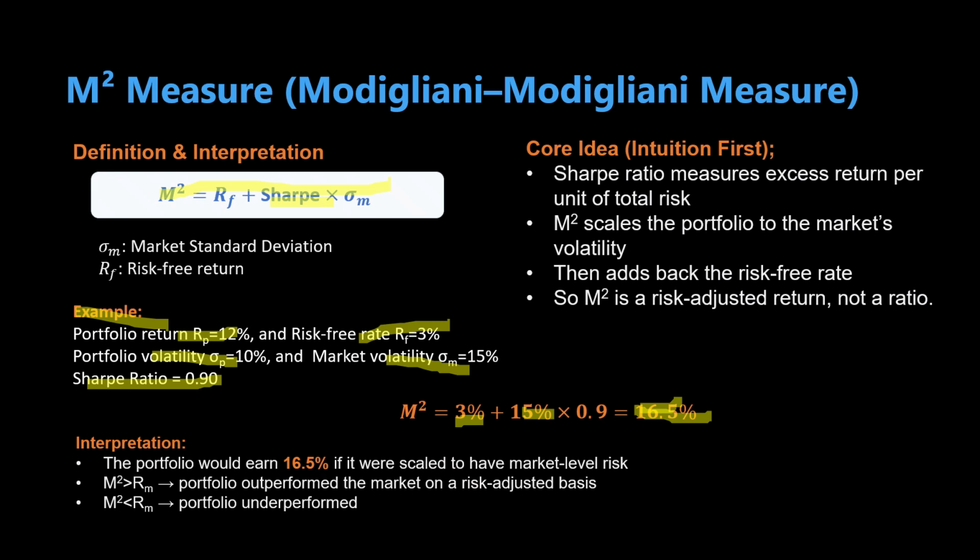Sometimes in the exam you are not asked to calculate M squared. Instead, you are asked to interpret the result of a performance measure such as the one we mentioned here, or you should derive it from other calculations. So it's imperative to understand the logic of this measure for the purpose of the exam.